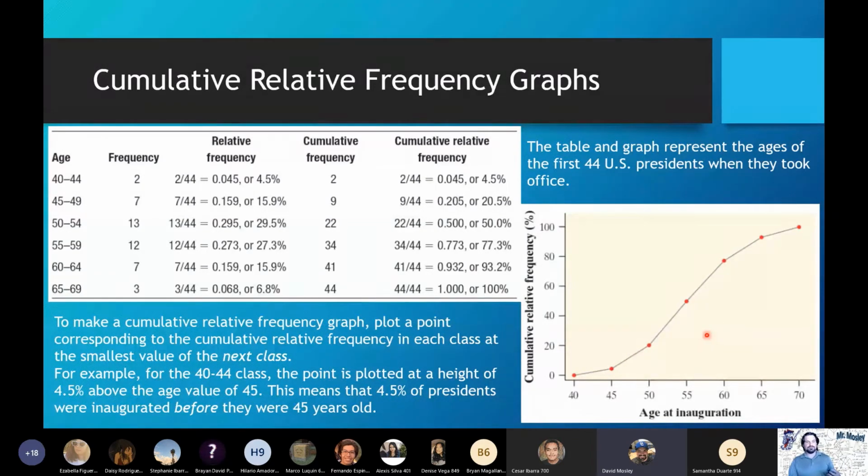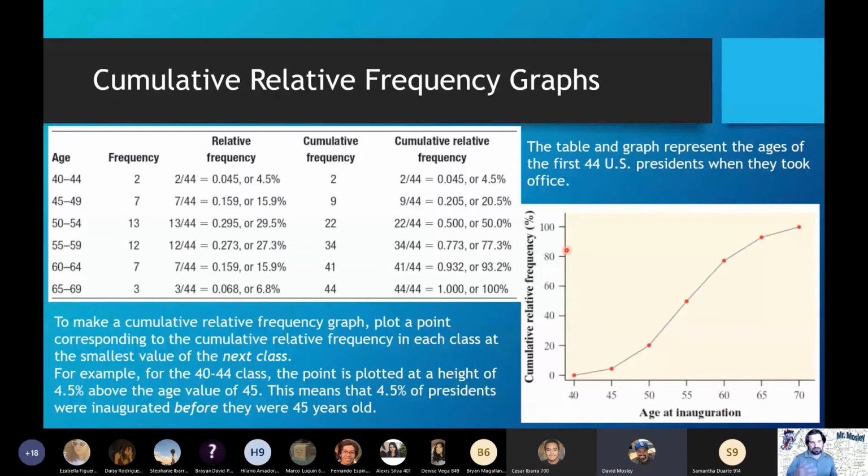So, in this case, for this example, if we have a president who's inaugurated when they're 62, we can use this as a predictor to say, okay, well, at 62, we're going to be about right here on this line, which corresponds to maybe 81%.